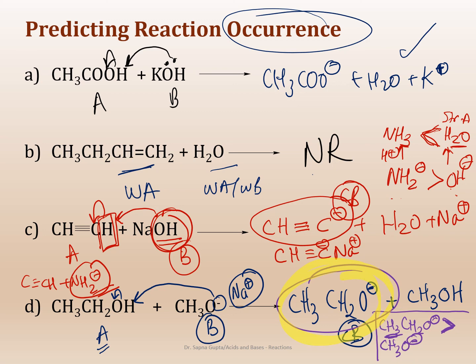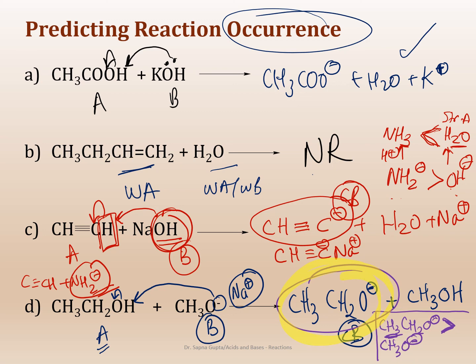If a reaction is not favorable, does it mean it's not going to occur at all? Sometimes yes, it's not going to happen at all, like we did in B. But that was because we had really, really weak acids and bases. In this case, the starting materials, the reactants, are actually pretty good.